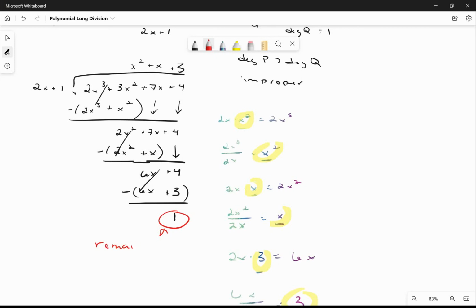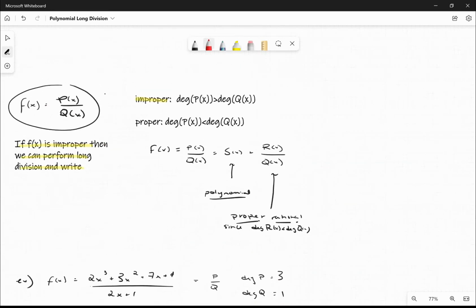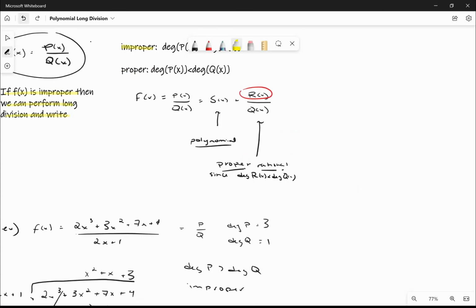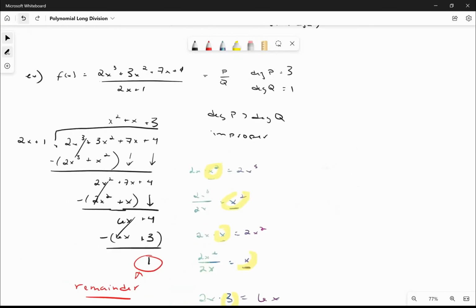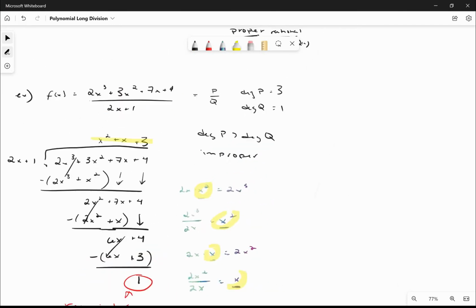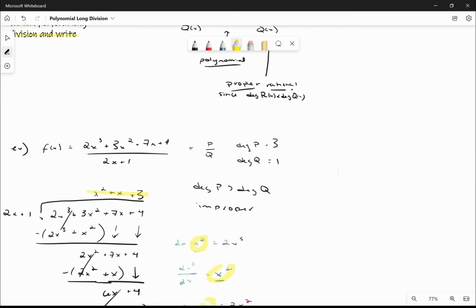And now we can write our f of x in this form here, right? So we have the polynomial s of x up here corresponds to what we call the quotient, which is this thing here. Our remainder corresponds to this r of x that I circled in red here. Q of x is our divisor.